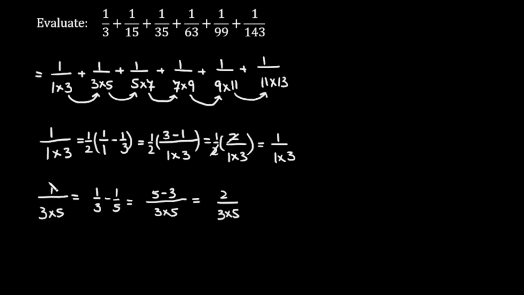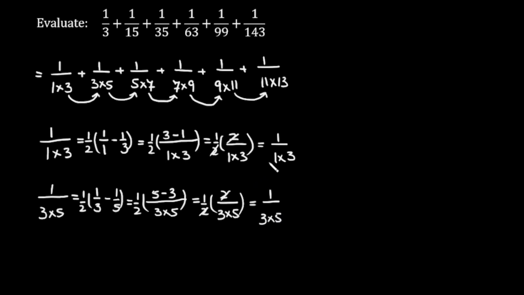So same in this case, the numerator in our term is number 1, but our answer has numerator number 2. So I have to multiply with 1 over 2 to do the adjustment. 2 cancels with 2. So this is equal to 1 over 3 times 5. So do a few adjustments.